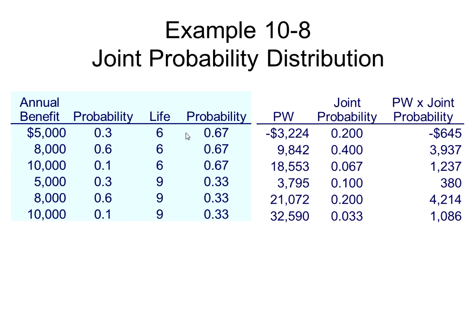For this row, we get this present worth. For this row, we get this present worth, and so on. And then for this row, we have this joint probability, simply by multiplying 3 by 2/3. For this row, we get this joint probability, multiplying this by this, and so on. So this is what we did before.